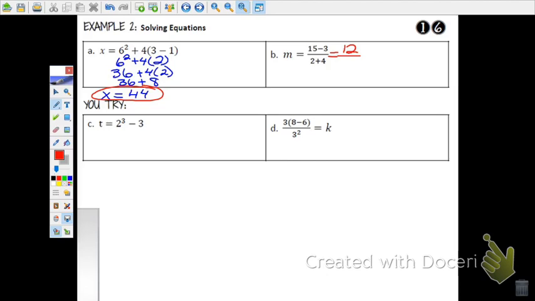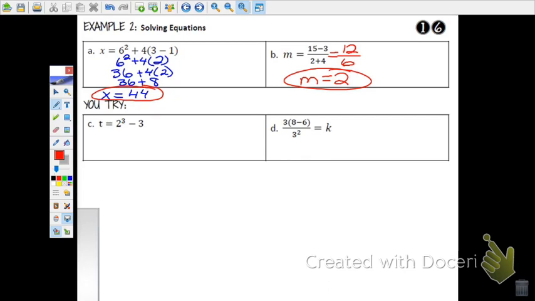I work the denominator. 2 plus 4 is 6. That fraction bar tells me I'm dividing. So 12 divided by 6 is 2. So M equals 2. So you can work those next two.